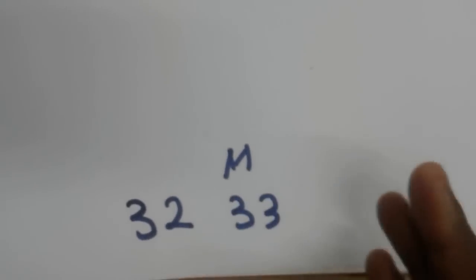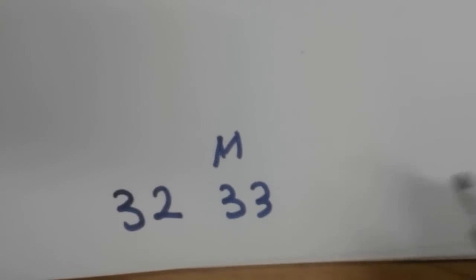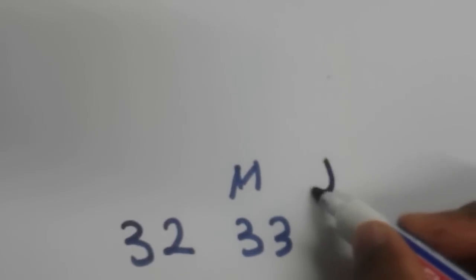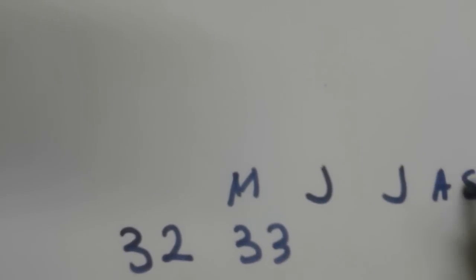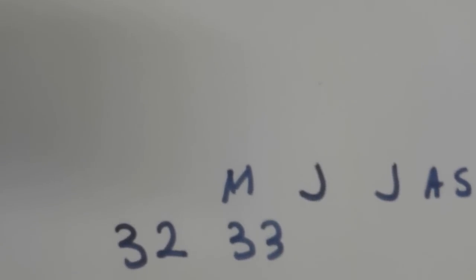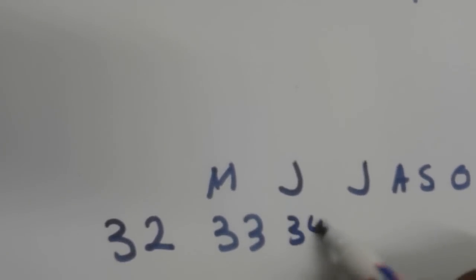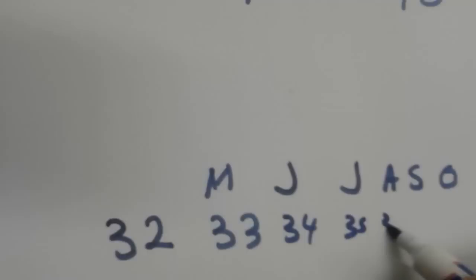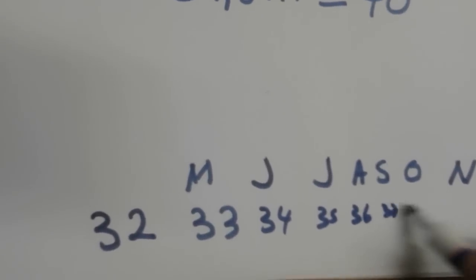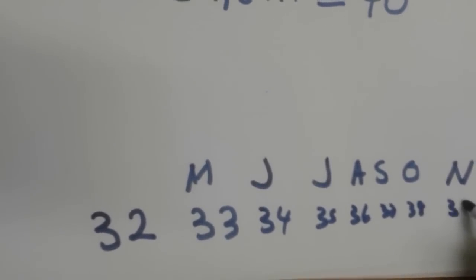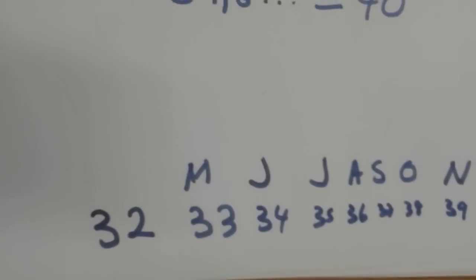The bank will continue with their numbers, May, June, July, August, September, October, November. But this is the bank. They will continue 34, 35, 36, 37, 38, 39, right?